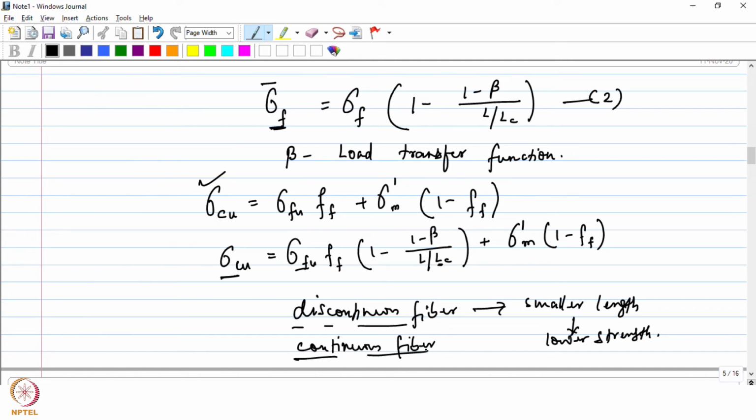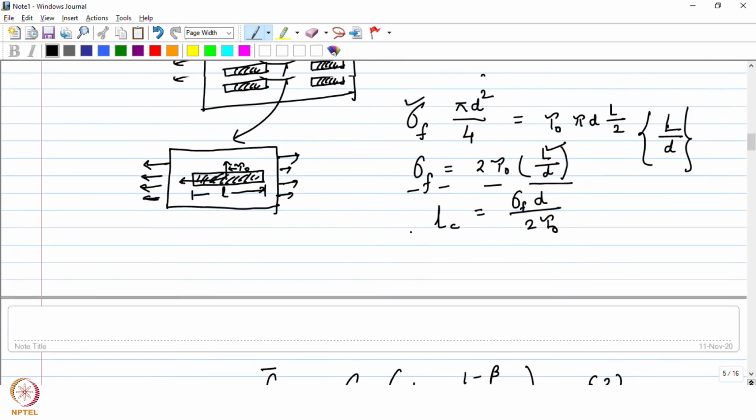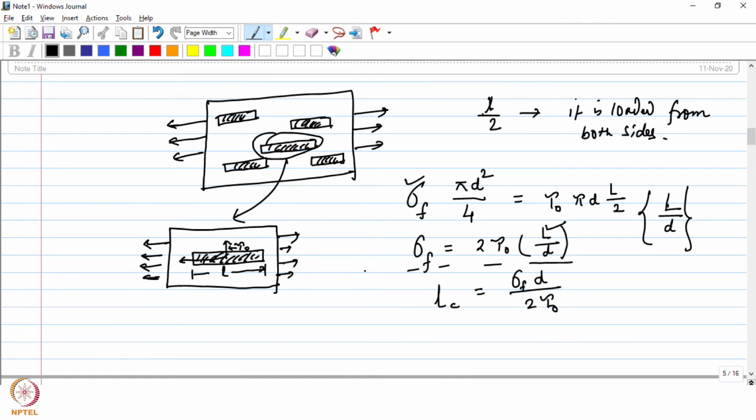So now it can explain the actual observations, what you practically see, which was not possible to explain by the rule of mixture model, right? So practically you would see if you vary the fiber geometry, the strength will also vary, right? And that is how this shear lag model takes into account the geometry or the dimensions of the reinforcement into account.